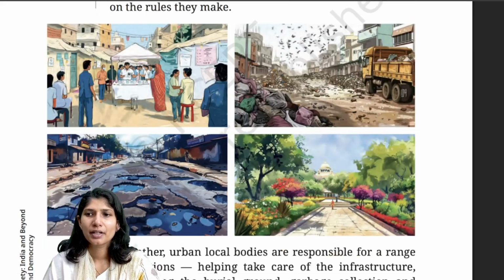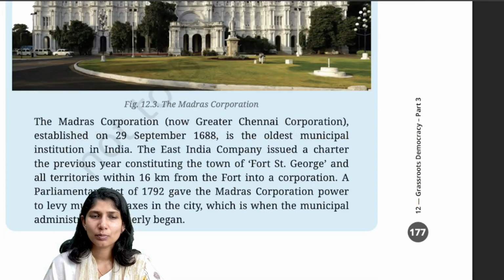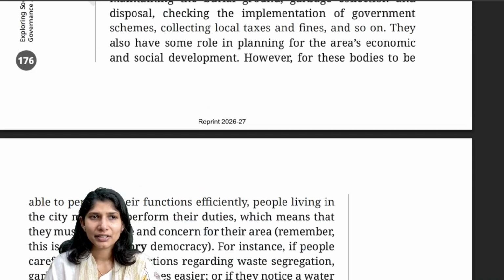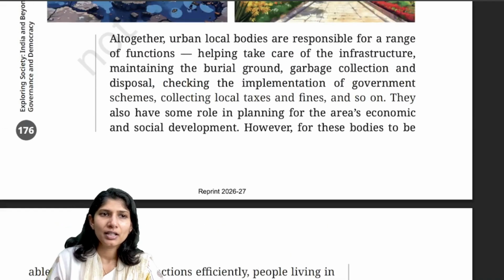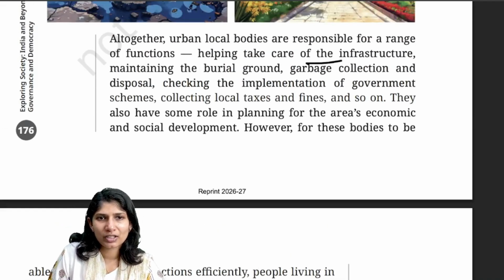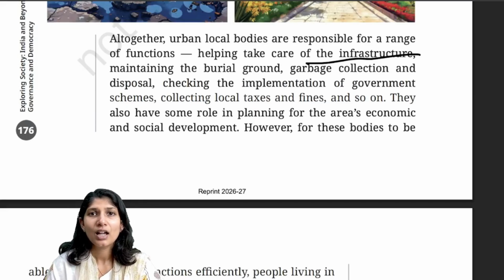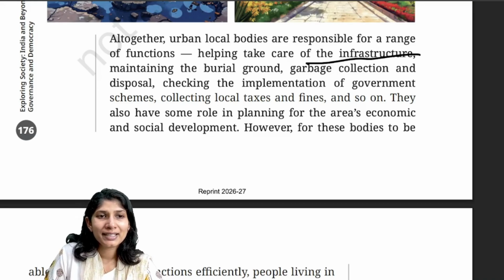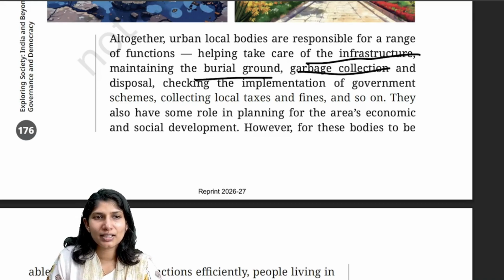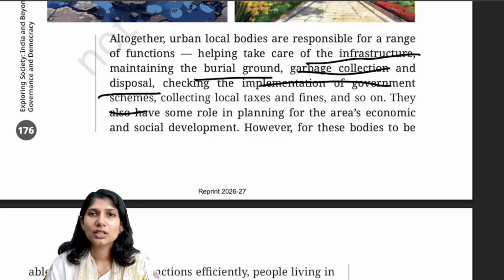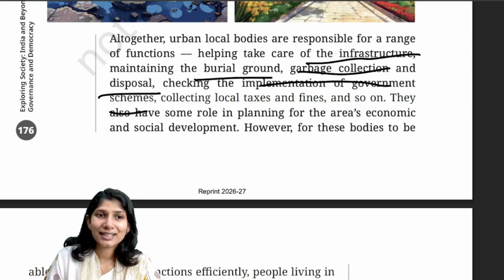So if you see, the roles that your urban local body plays mostly involve taking care of the infrastructure. Infrastructure means such things as your roads, parks, gardens, maintaining the burial grounds, garbage collection, waste management and disposal, checking the implementation of government schemes so that the welfare the government wants to give to the people is met, and then collecting the local taxes, fines, and so on.